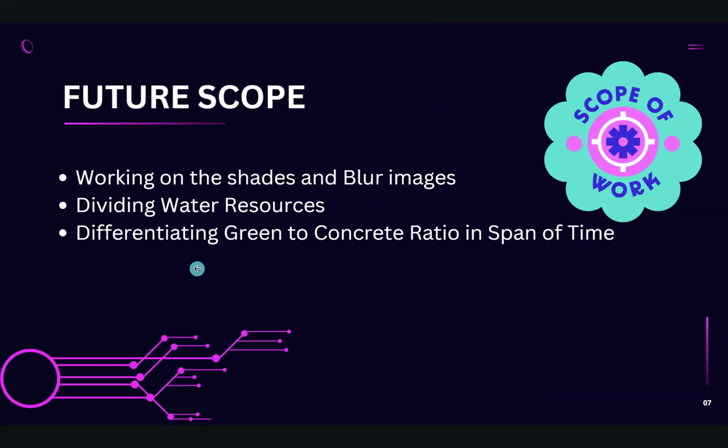Coming to the third future scope, differentiating green to concrete ratio over a span of time. By using satellite images, we could differentiate the green to concrete ratio over the years. By considering an image of 2016 and an image of 2023, we could find the difference between them.